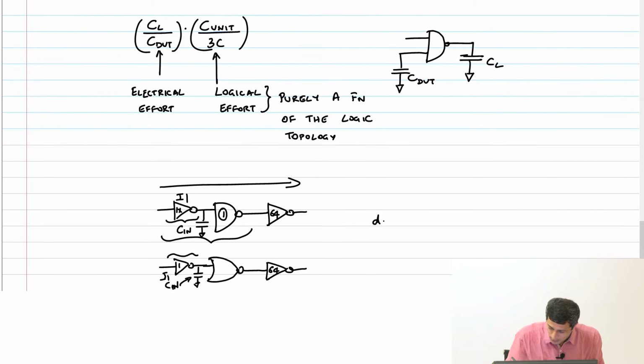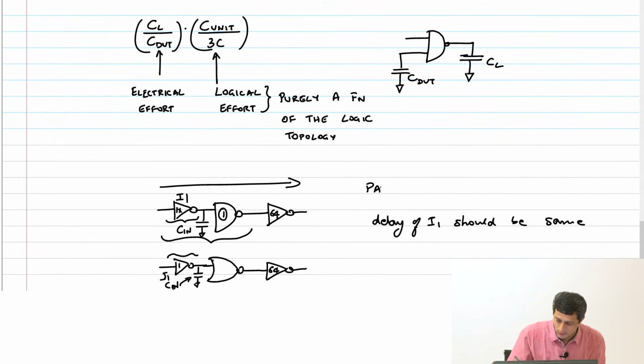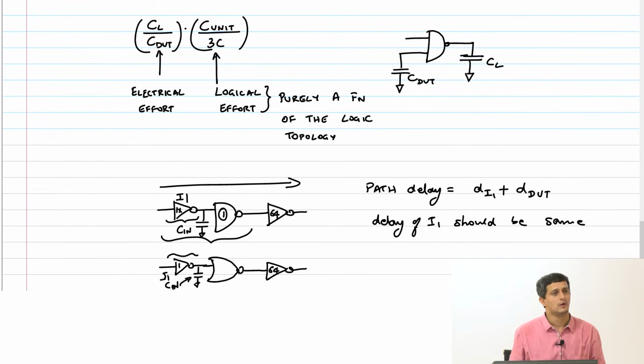Delay of I1 should be the same, because path delay is the delay of I1 plus the delay of my DUT, which could be the delay of NAND or the delay of NOR.